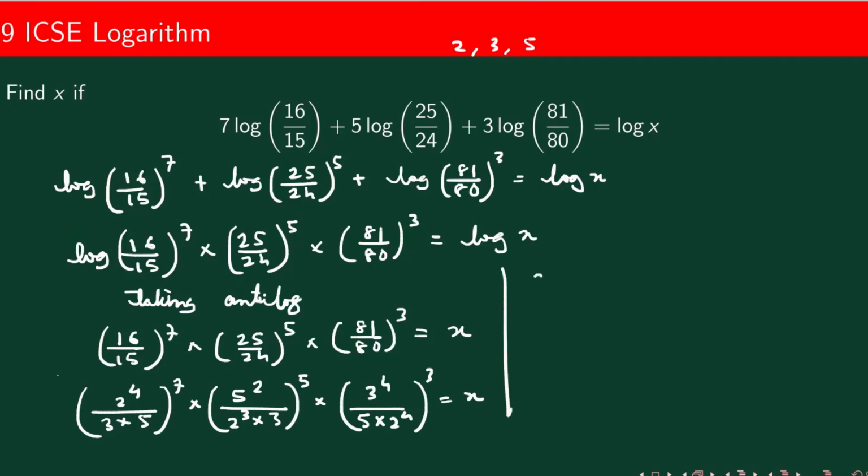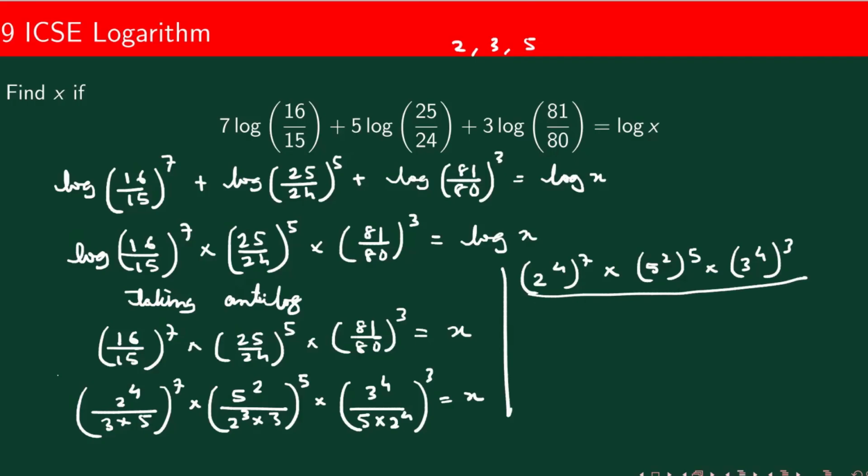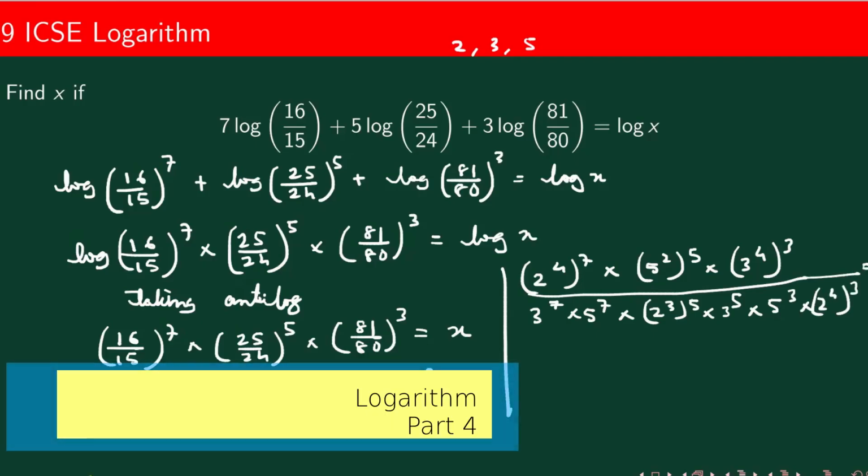So we have 2 to the power 4 raised to 7, 5 to the power 2 raised to 5, 3 to the power 4 raised to 3. This becomes my numerator. 3 to the power 7, 5 to the power 7, 2 to the power 3 raised to 5, 3 raised to 5, 5 to the power 3, and 2 to the power 4 raised to 3.